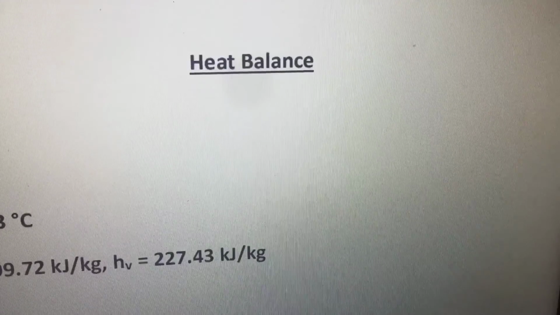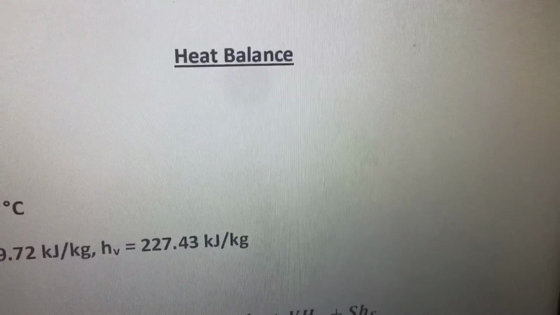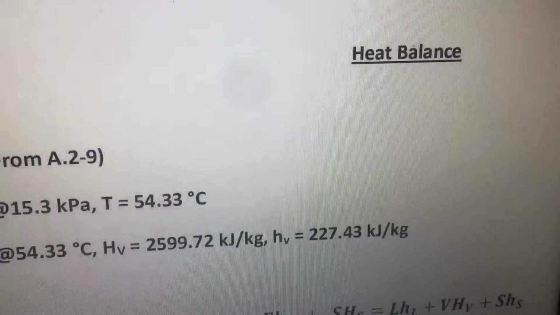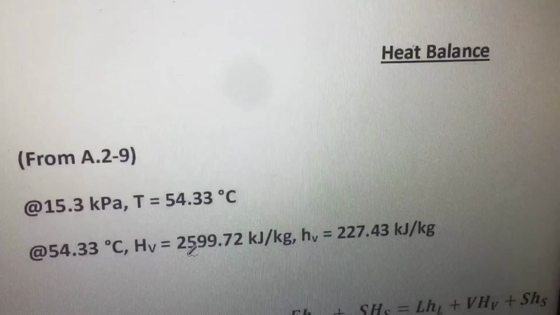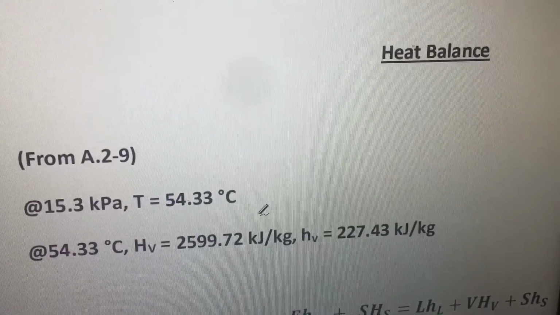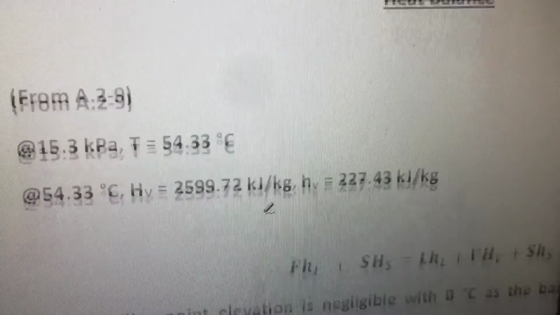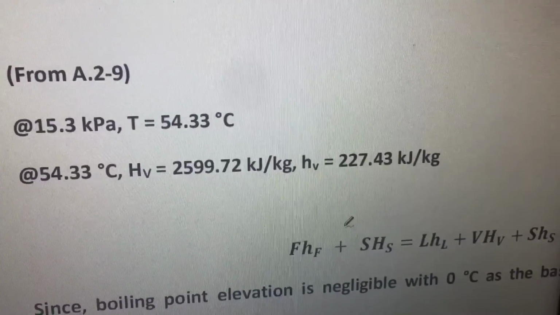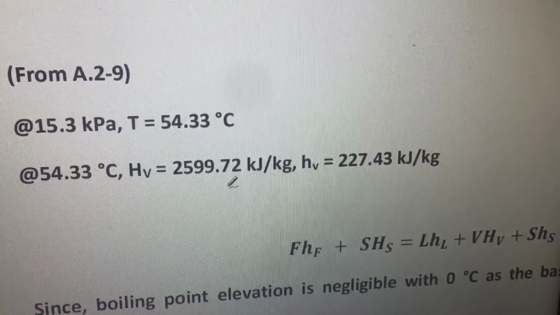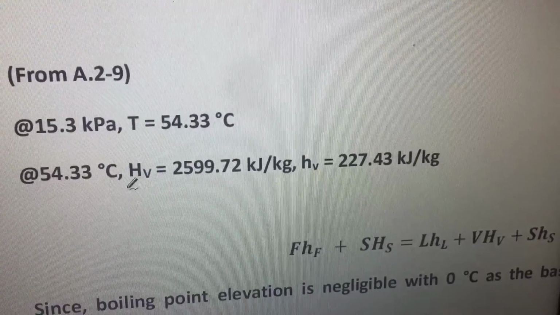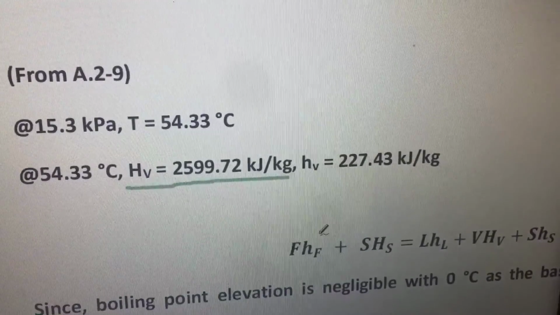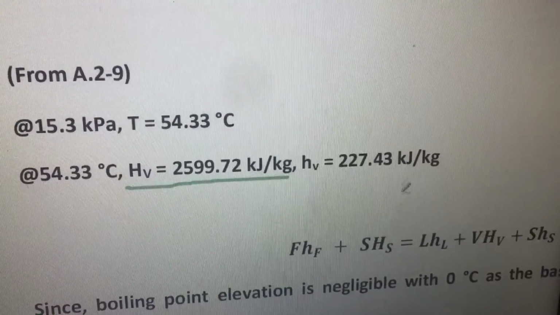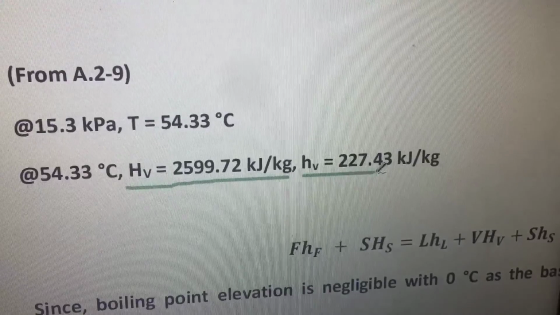In Appendix 2-9 of Geankoplis's book, at 15.3 kilopascal, temperature 54.33 degrees Celsius, we have an enthalpy of the vapor of 2,599.72 kilojoules per kilogram, and an enthalpy of the saturated liquid of 2,227.43 kilojoules per kilogram.